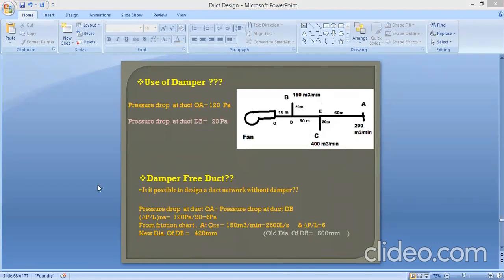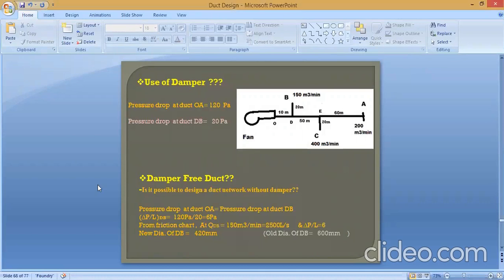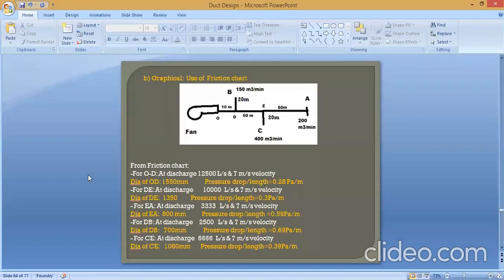So with this I conclude today's session, but before that, if you have any query, you can ask me. I hope I cleared up how to design a damper free duct, and before that, the use of the constant velocity method and the equal friction method.